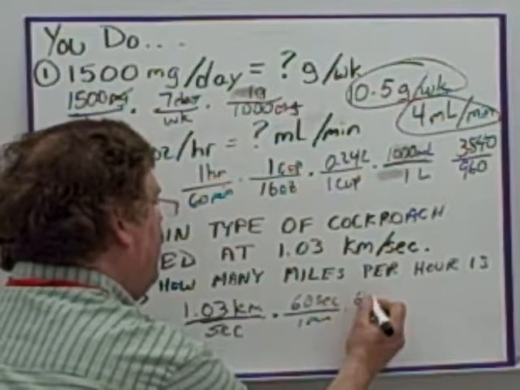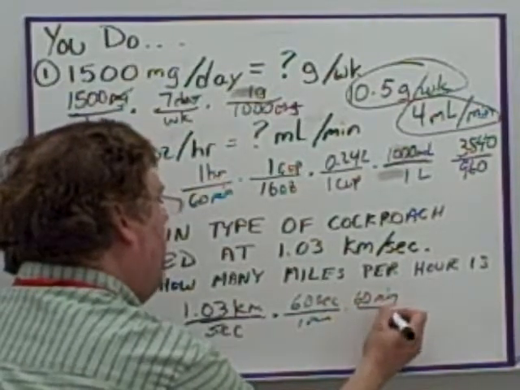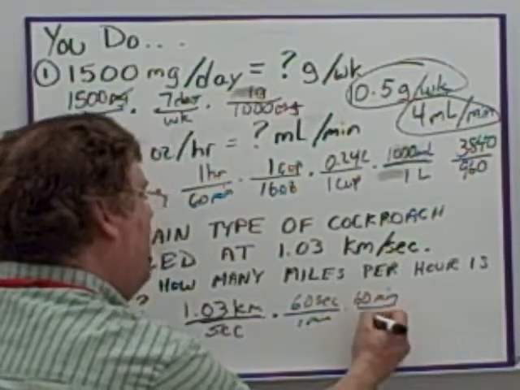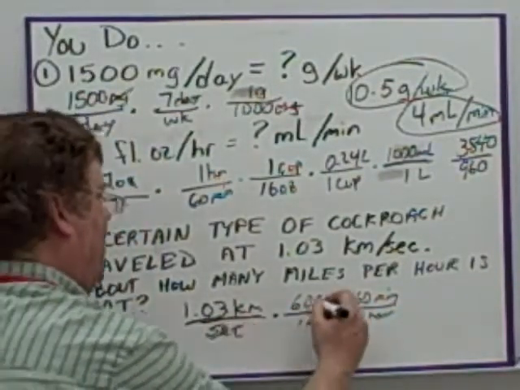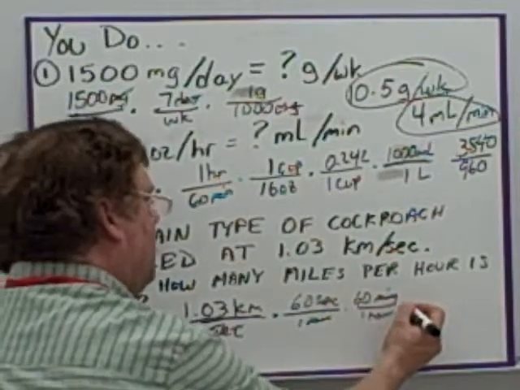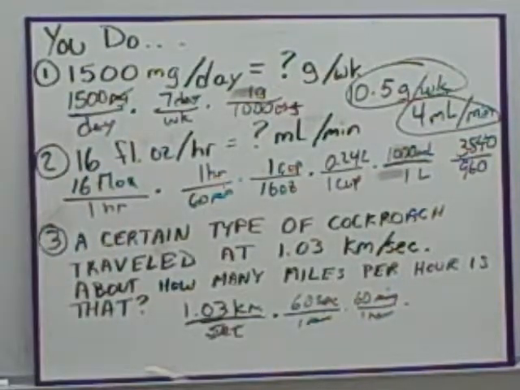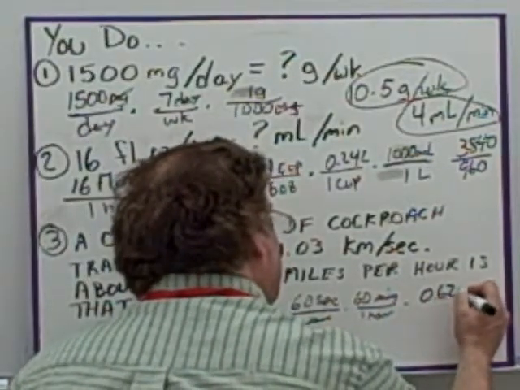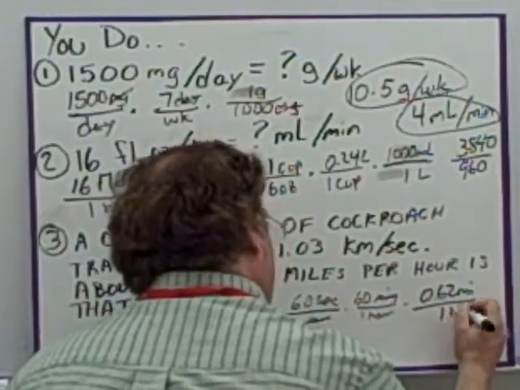And then we're going to do 60 minutes in 1 hour, which keeps the hour on the bottom, gets rid of the seconds, gets rid of the minutes. Now we've got to convert kilometers to miles. And let's see, 1 kilometer is 0.62 miles. So 0.62 miles for 1 kilometer.